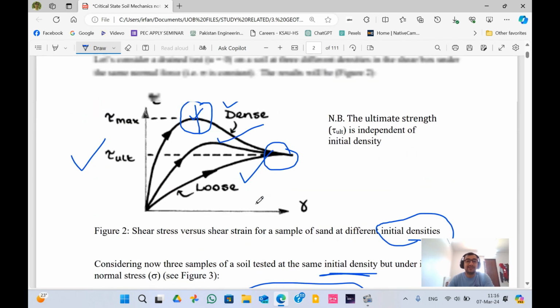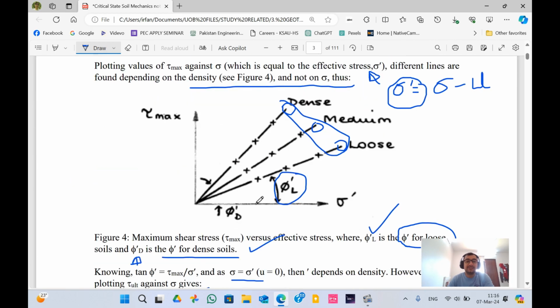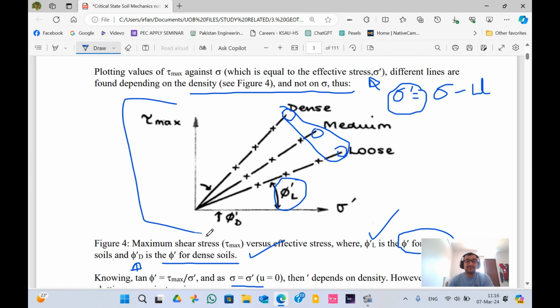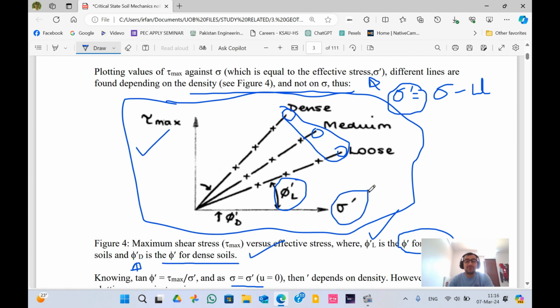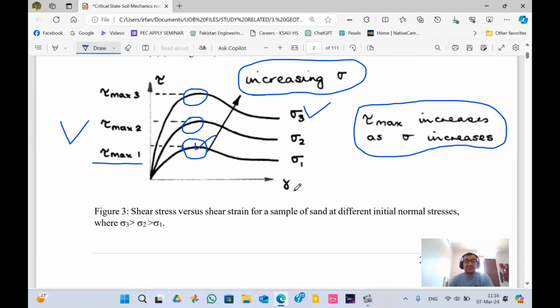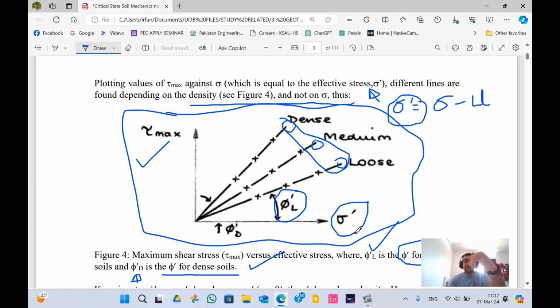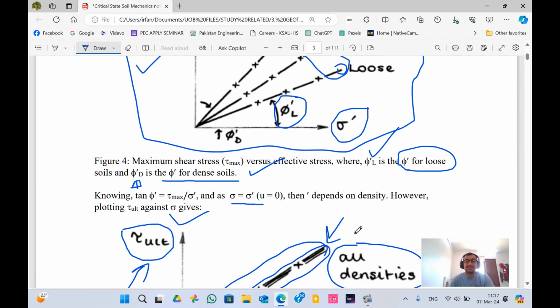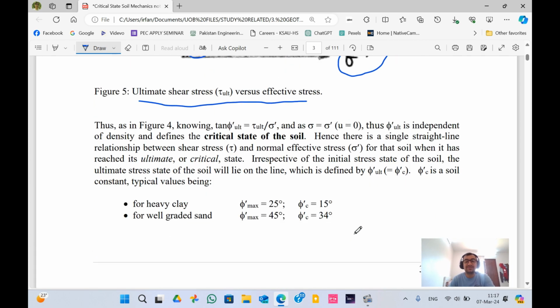Now, there is a difference I forgot to mention here. This is basically the shear maximum, and this is the effective normal stress. The previous graphs were about shear stress and strain, right? This is basically the normal stress and the shear stress. So these are two different graphs. You need to be careful when you are studying here.